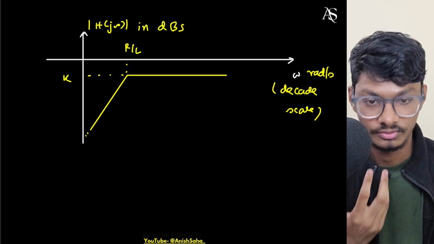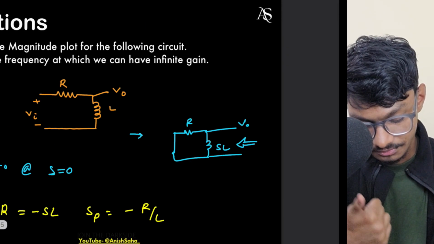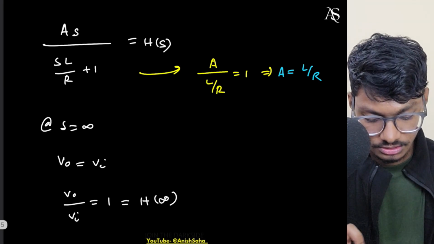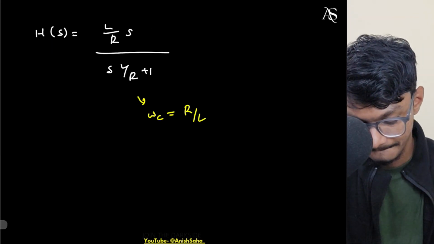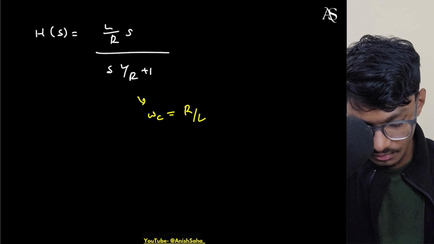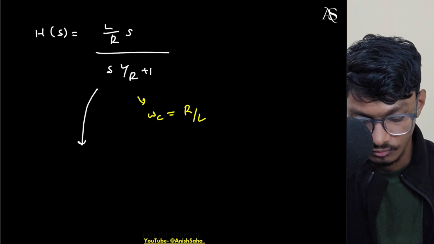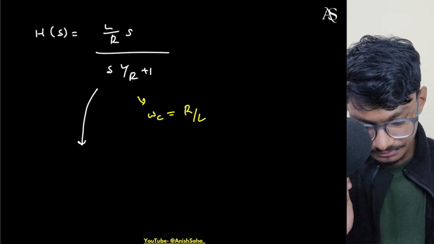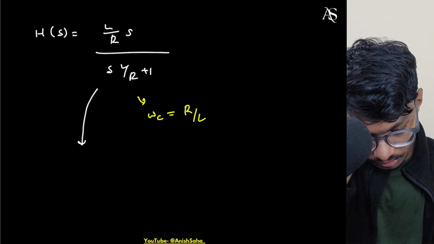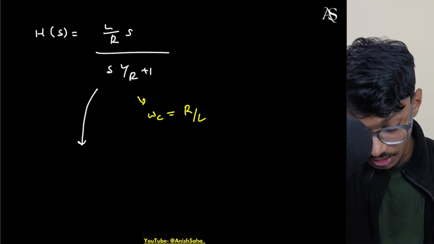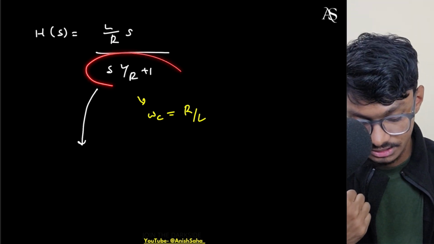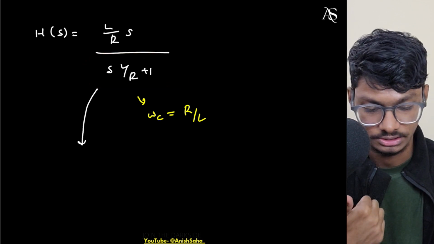But what next we have to find out is the frequency at which we have infinite gain. So we have to make this infinite gain. For us to make this infinite gain, this denominator needs to go to 0. That is the main thing, right?